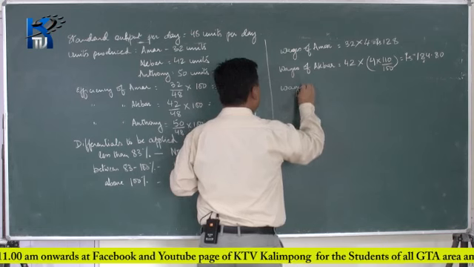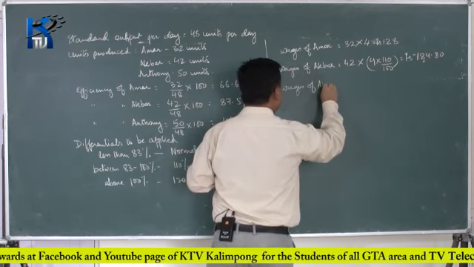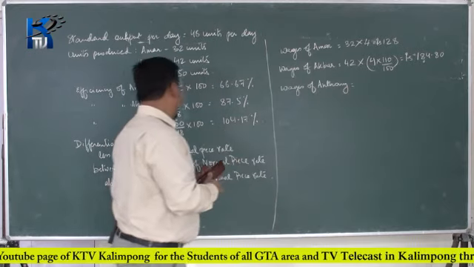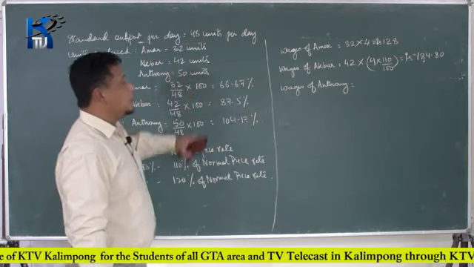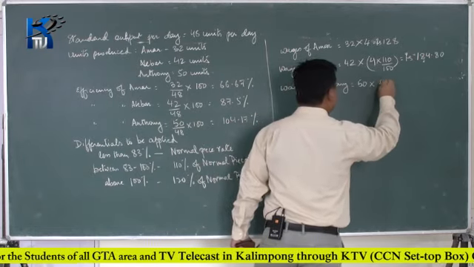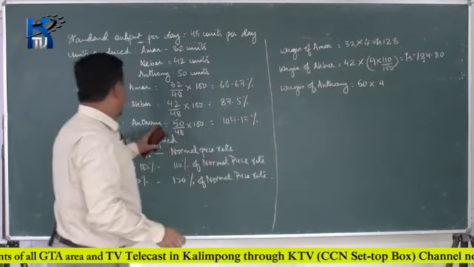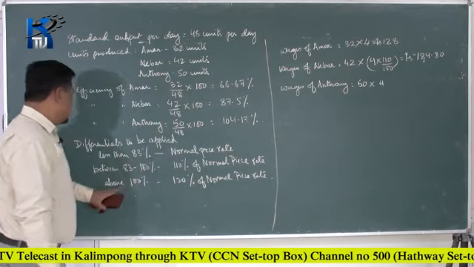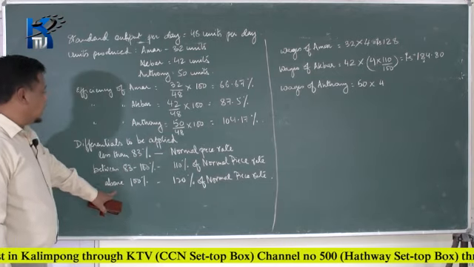And finally, wages of Anthony. Anthony has produced 50 units, 50 into the normal piece rate of 4. The efficiency of Anthony is 104%. So he belongs to this category; his efficiency is above 100%.